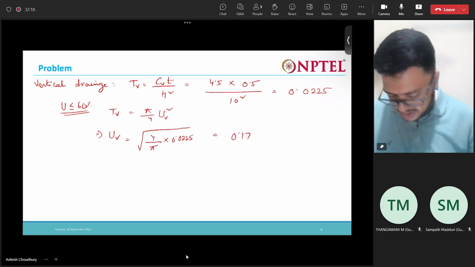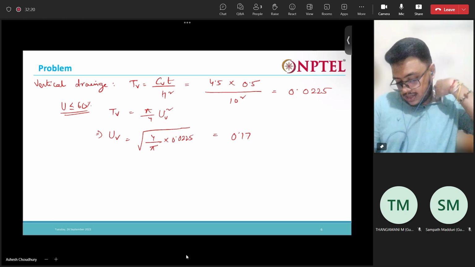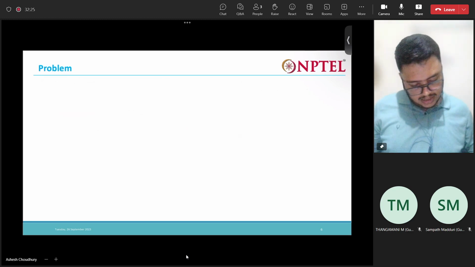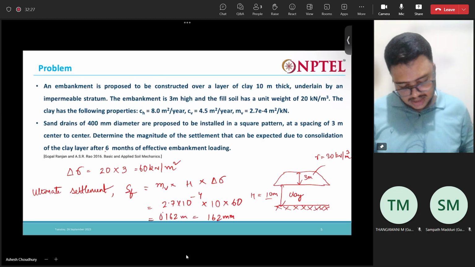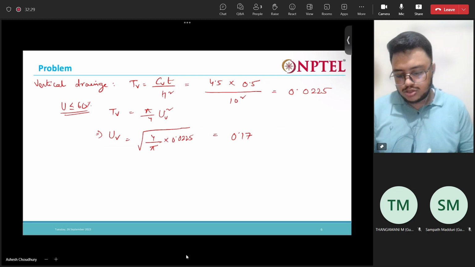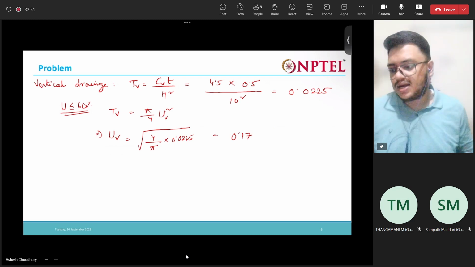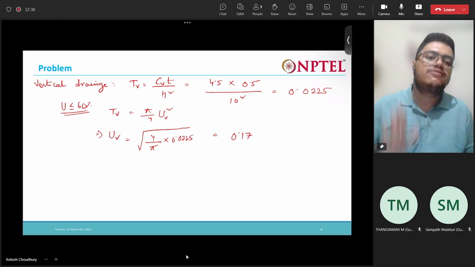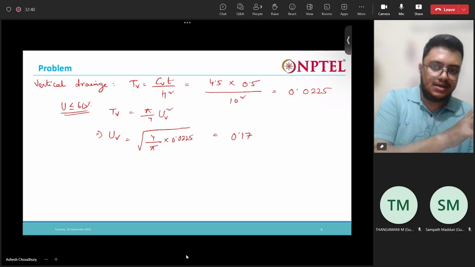That means 0.17 times this 162. So in half a year, 0.17 times 162, that is 27.5 mm settlement is going to occur if there is only vertical drainage.